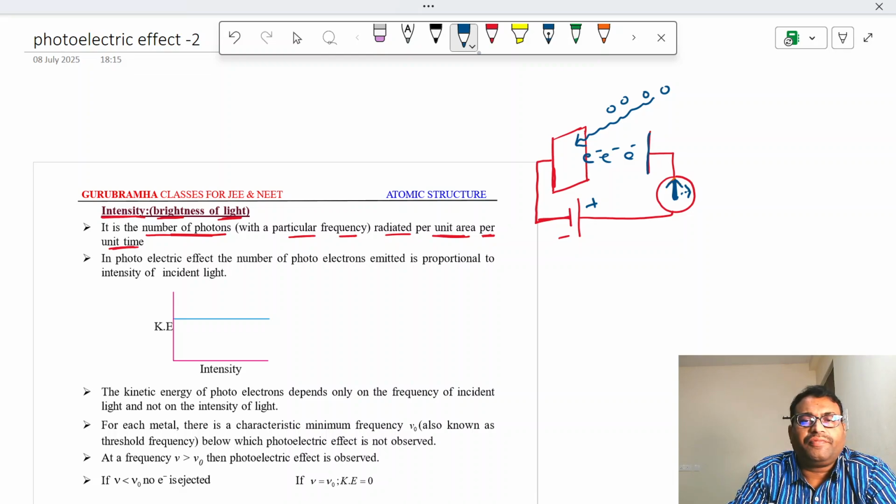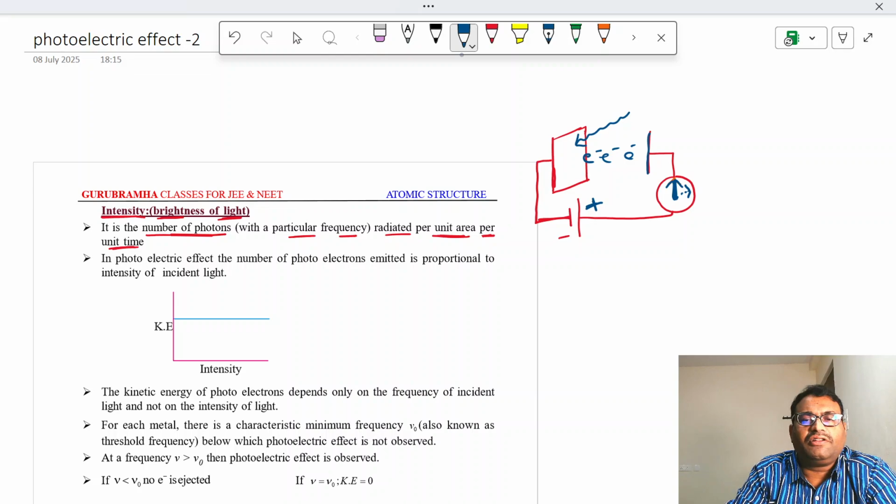Okay. So this flow of electrons in the circuit is called as electricity, and due to these electrons, some electricity is being generated. In that way, sunlight energy is converted into electrical energy. Okay. So now we are speaking about intensity.